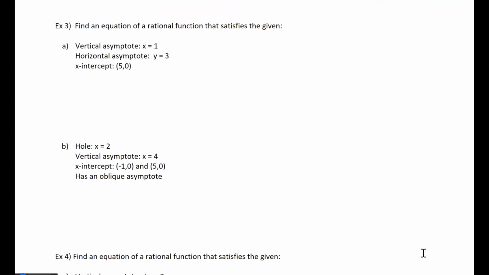Okay, our last few examples involve finding the rational function based upon the attributes that are given. We know we are writing a rational function, so I'm going to set this up as f of x equals and create my little fraction bar.